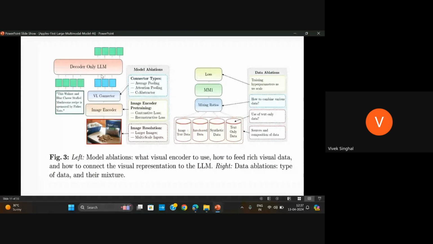So they experimented and came up with this scheme on the right side, to also feed the image intelligence into the decoder-only LLM in addition to the textual intelligence. So they came up with this neural network architecture, and the formulas for these losses and pooling, I'm sure, may be available in the research paper.